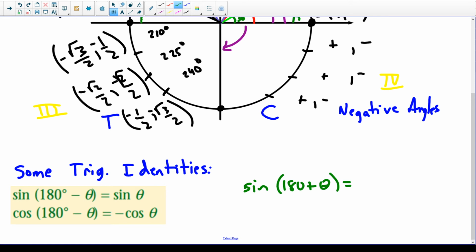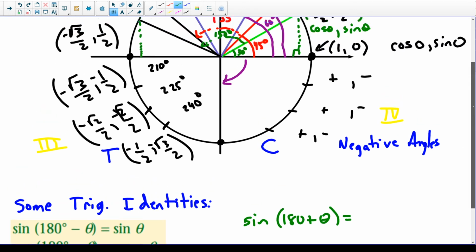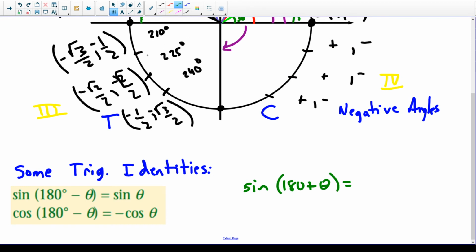And if we just talk about the 30, 45, and 60 for now, it could be any angle in the first quadrant. But if we just talk about the three special angles, what would I be asking you if I asked you to find the sine of 180 plus theta? And somebody's already answered it in chat. I'm asking you to find the sine value in the third quadrant down here.